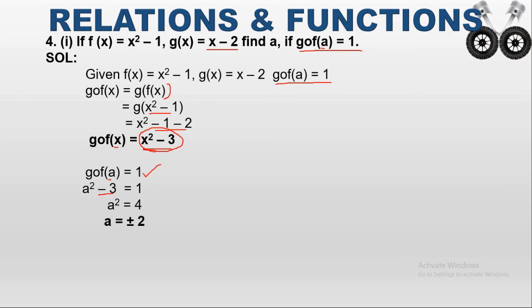Whenever it goes to the RHS, it becomes plus 3. So a square equals 1 plus 3, which becomes 4. On the LHS we have the power 2. Whenever it goes to the RHS, it becomes a square root. So square root of 4. The square root of 4 value is plus or minus 2. So the value for a is plus or minus 2.